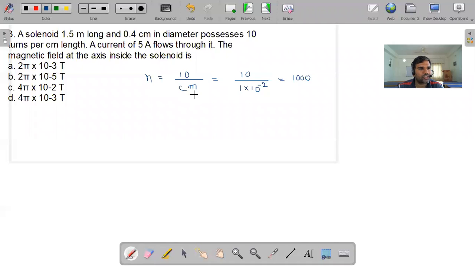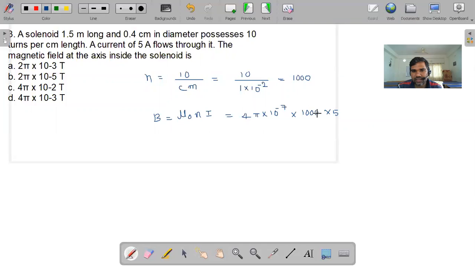N is equal to 1000. And what we have to find is the magnetic field at the axis inside the solenoid. So the formula is B is equal to mu naught nI. Here mu naught is 4 pi into 10 power minus 7, n is 1000, and current I is 5 ampere.